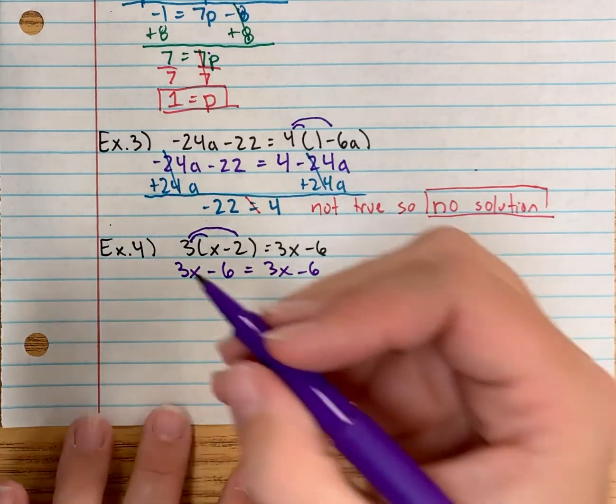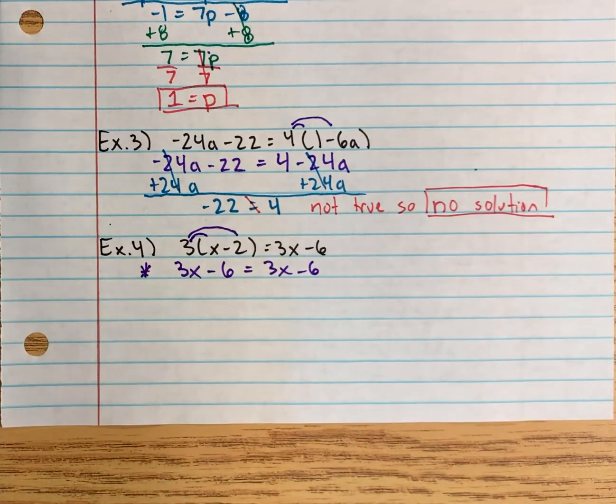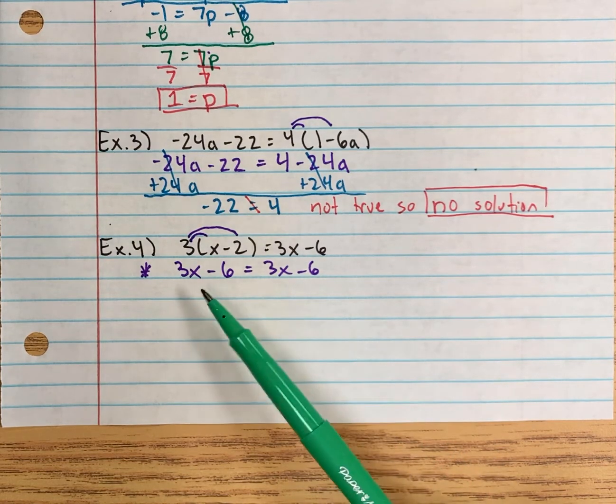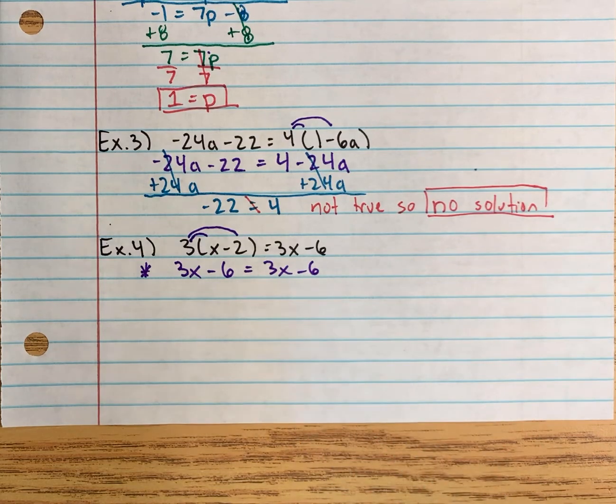Right now, you might be able to notice that these two expressions are the exact same thing. And whenever this happens, you're always going to end up with the same answer, and I'll show you what it is, every single time.